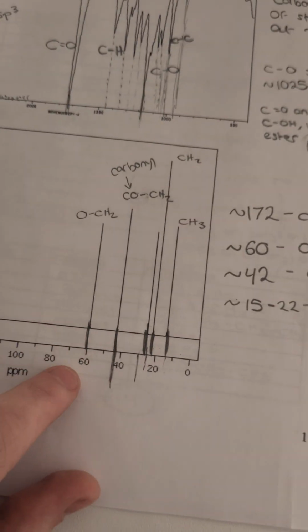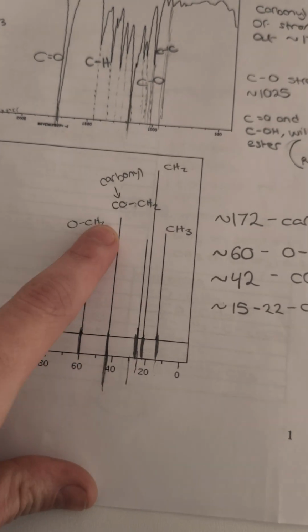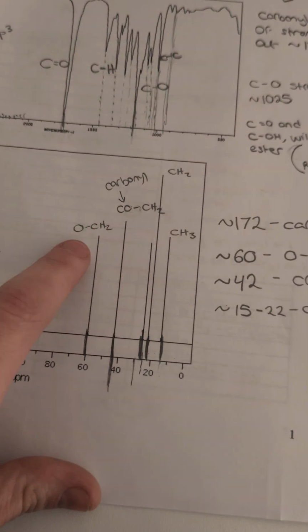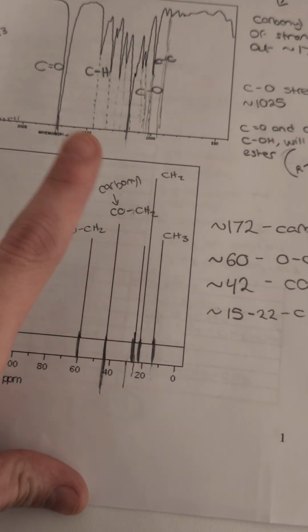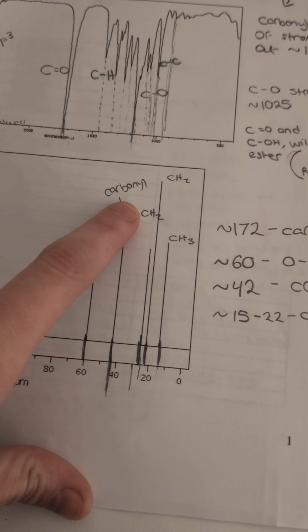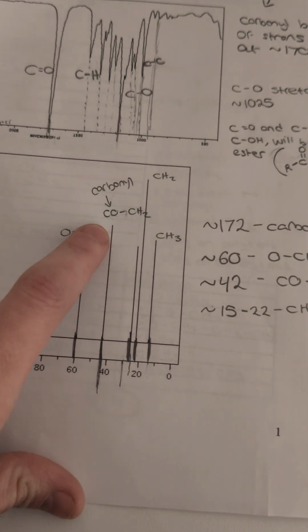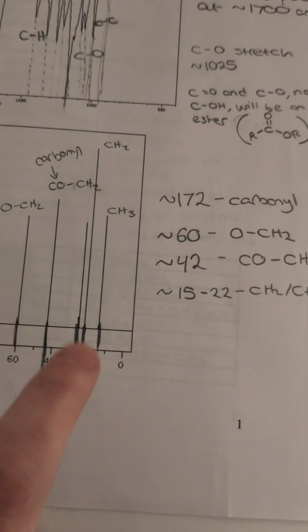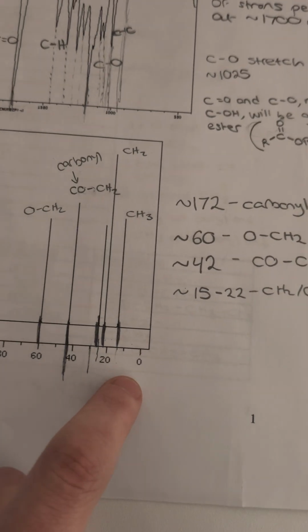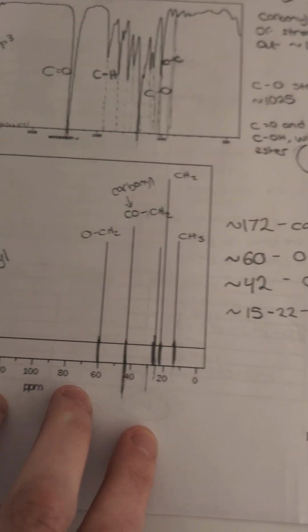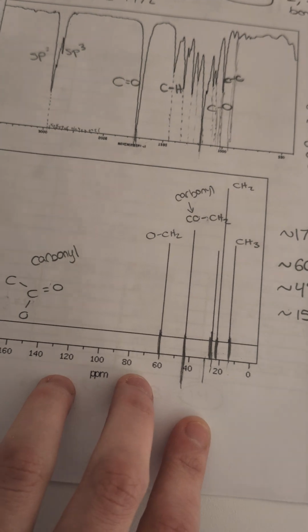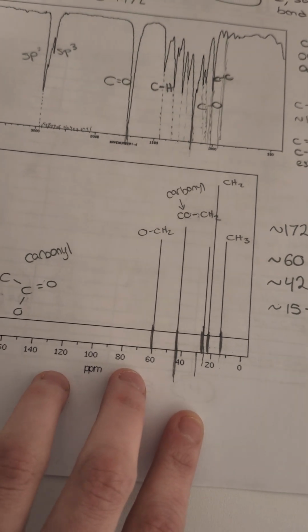We also saw around 60 there is an OCH2 bond. This is the carbonyl group, and this is basically just saying that there was a CH2 attached to the carbonyl, and this indicates that we had some CH2 and some CH3 groups as well. So this all supports the notion that we had an ester.